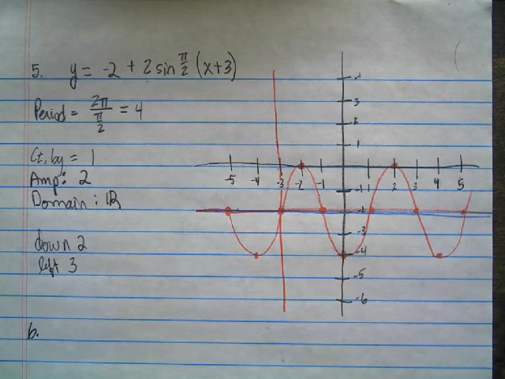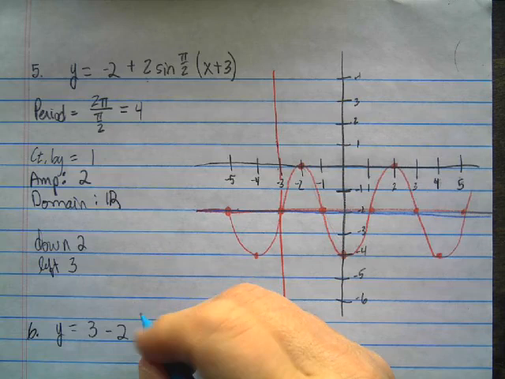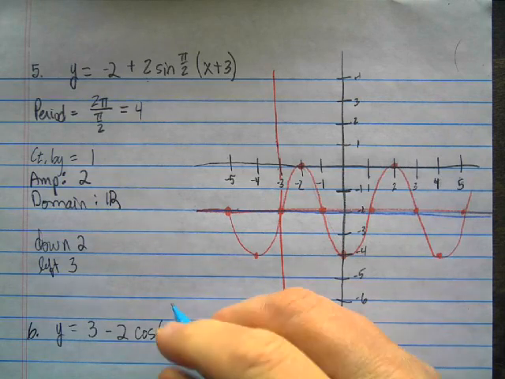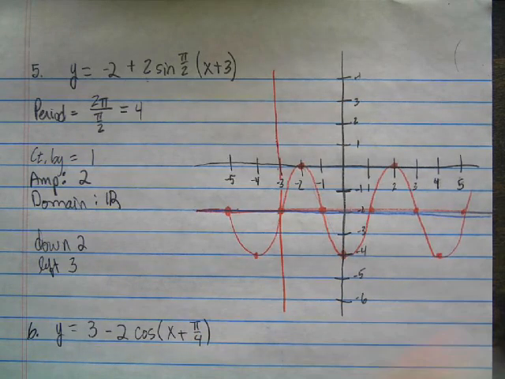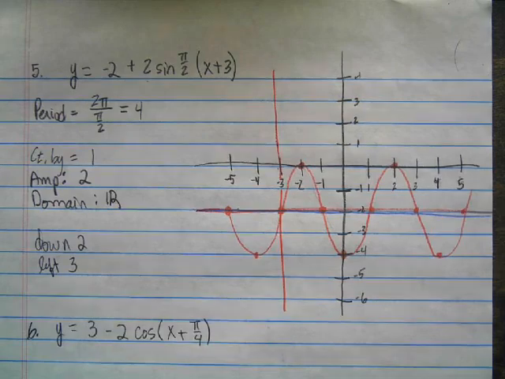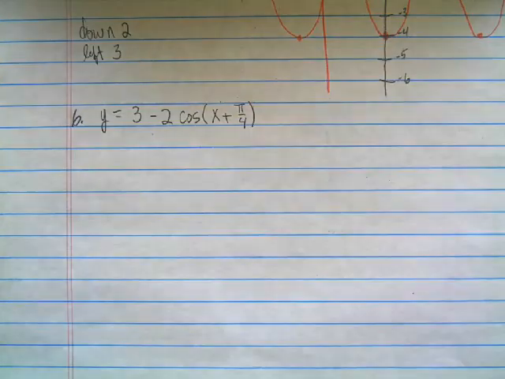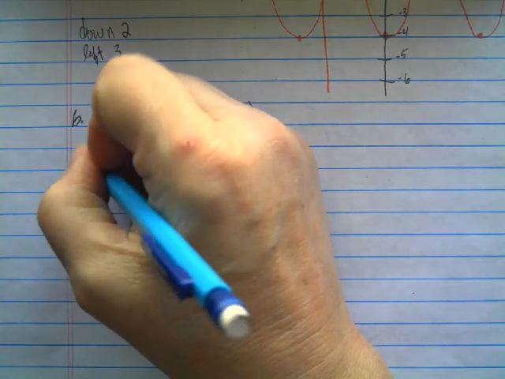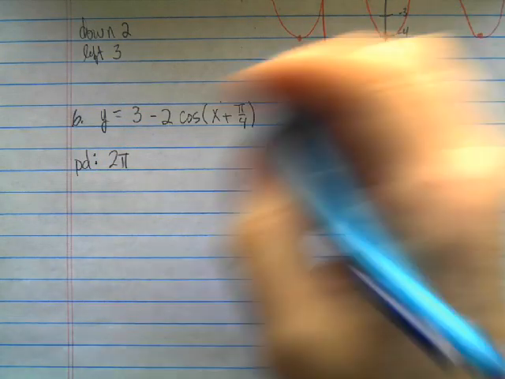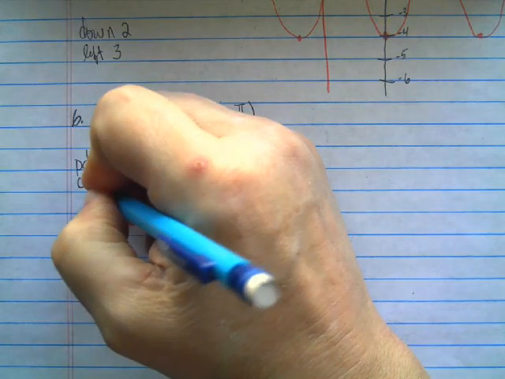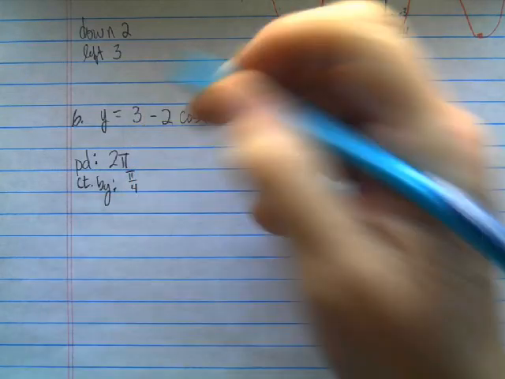Number 6 is y equals 3 minus 2 cosine quantity x plus pi over 4. Okay. This one's going to be a little tricky. So my period is 2 pi. Okay. Which means I need to count by pi over 4, which actually makes it not as tricky.